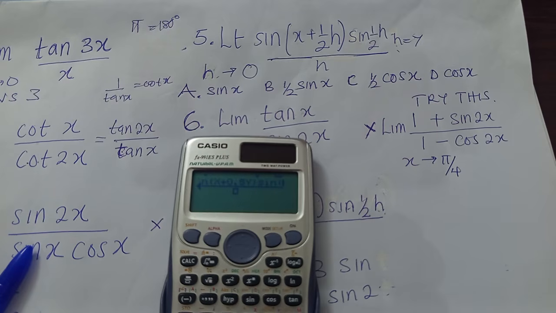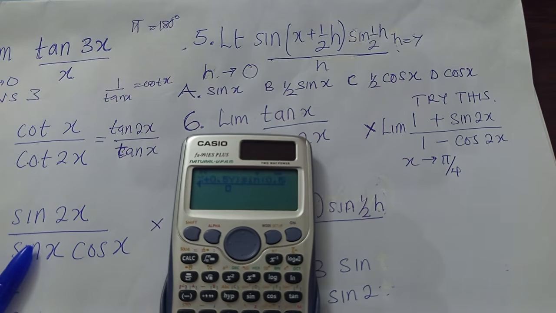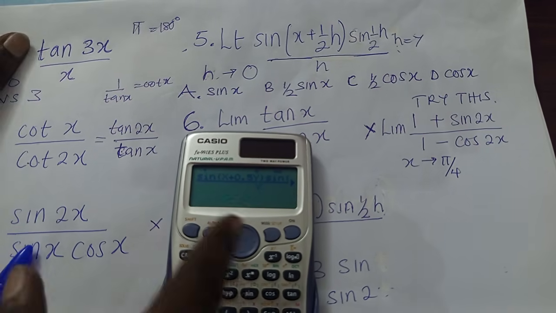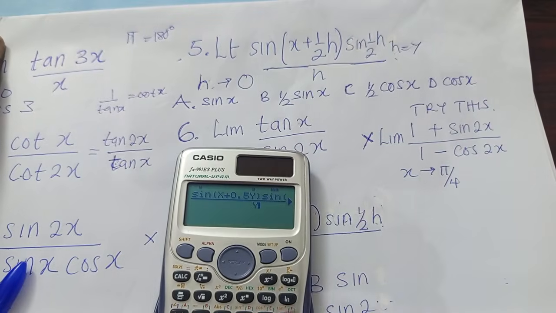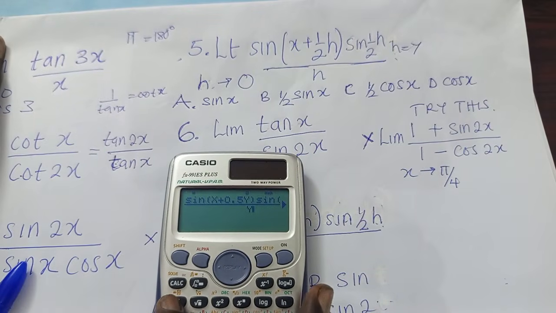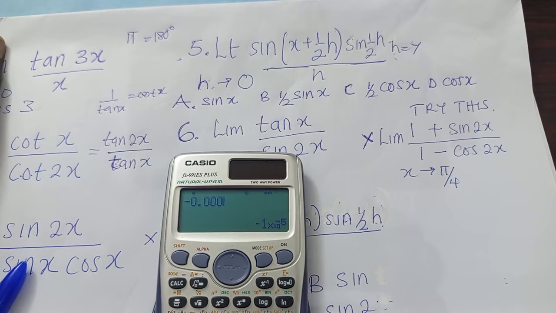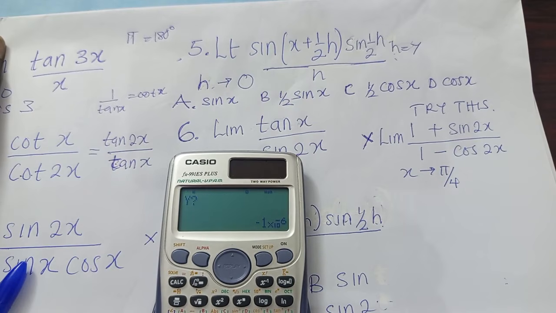Sine 0.5, shift SZ to close it. Then alpha y. Alpha SZ to bring this thing out. So we now press calc. Now, as the value is tending to 0, we are going to use minus 0.0 as we have been using since.